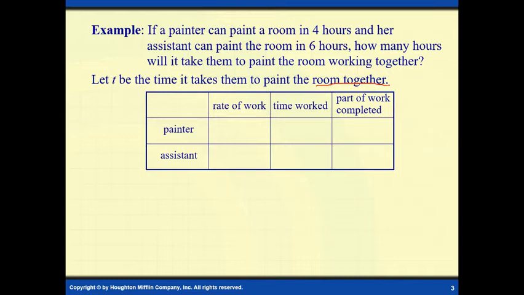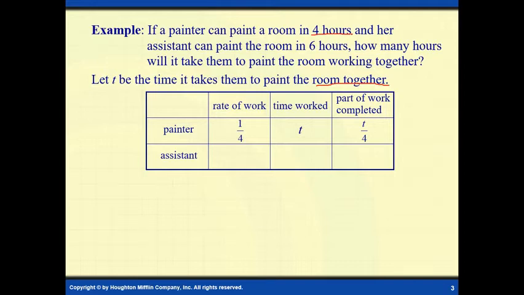The neat thing about the rational function word problems is setting up your table. Notice we have the painter, we have the assistant, and then we break down the formula like rate of work, the time worked, and part of the work completed. So your painter has a rate of work of 1/4 because in 4 hours, she can paint the room.